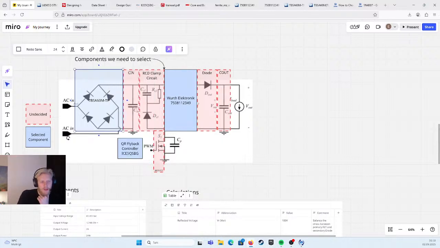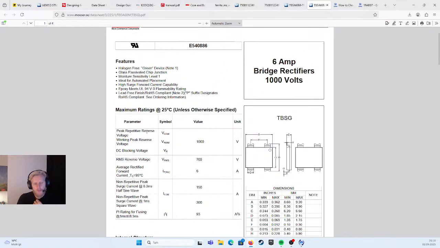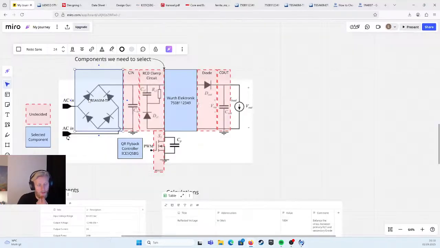Because what we need to do, so here we have between 80 and 265 volts. So the reverse blocking, or how to say, the peak repetitive reverse voltage. The highest repetitive reverse voltage is 1000 volts.